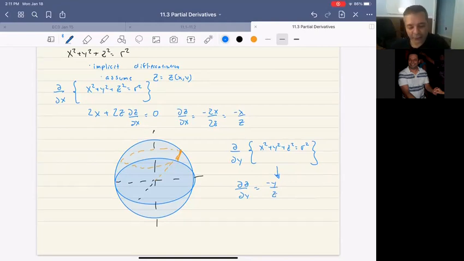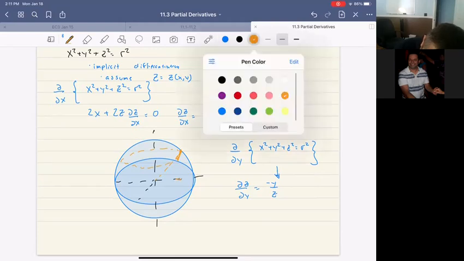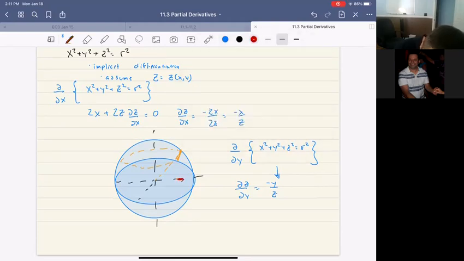So if I go out here and I move in this direction, let's do it in red. I'm here, I move in this direction, what's going to happen? It's going to go down like this. If I'm out here and I move, it's going to go down even more.